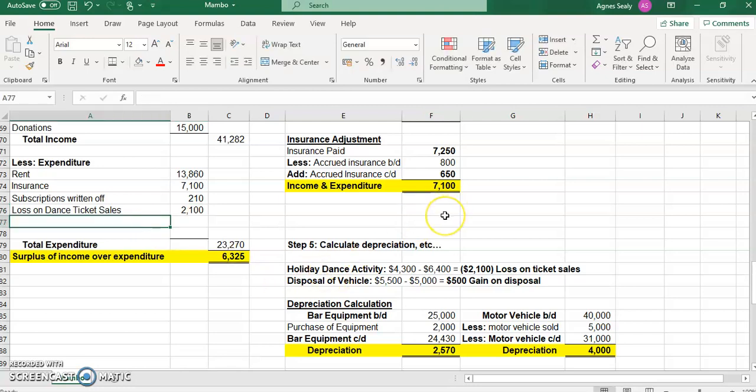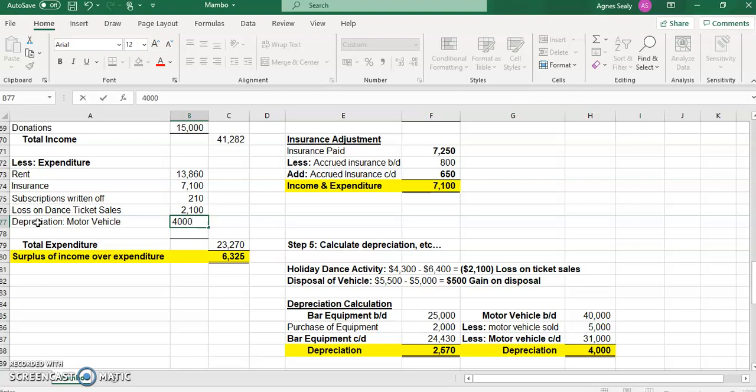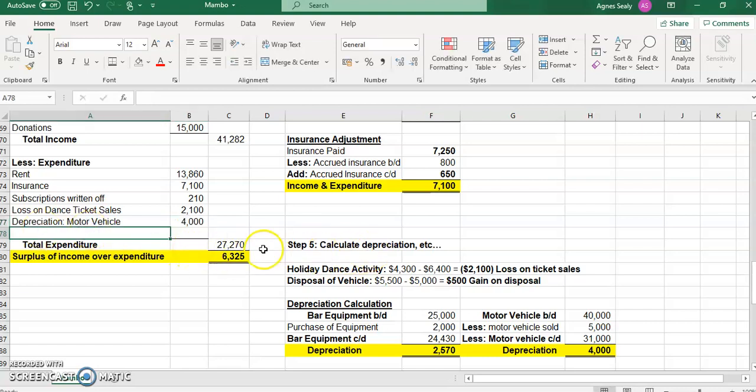Let's see what other expenses we also have. The depreciation for the motor vehicle, $4,000. So depreciation, motor vehicle, $4,000. And then let's go back. Those are all the adjustments that we made. So you see that the adjustments that we made, I have entered in the income and expenditure account.